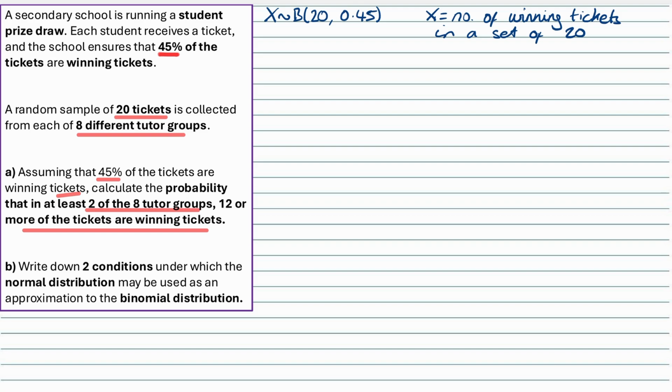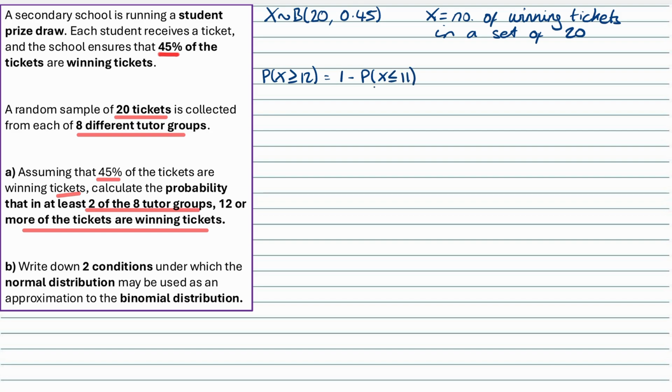So I'm defining it as the number of winning tickets in a set of 20. Now what we want is to work out the probability of 12 or more tickets being winning tickets. So we want the probability of X being greater than or equal to 12. And this is the same as 1 minus the probability of X being less than or equal to 11.